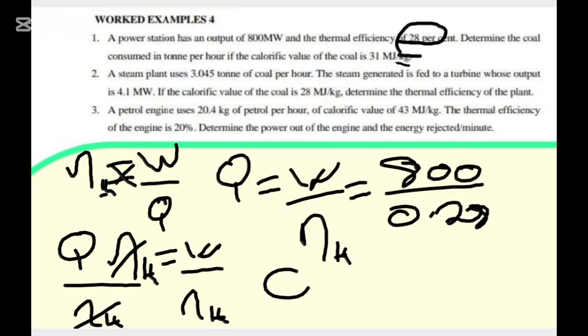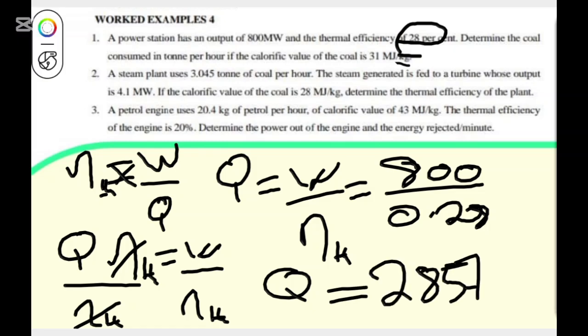At the end, Q should now be equal to 2857.14 megawatt.